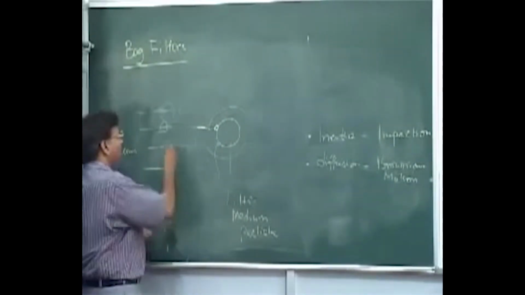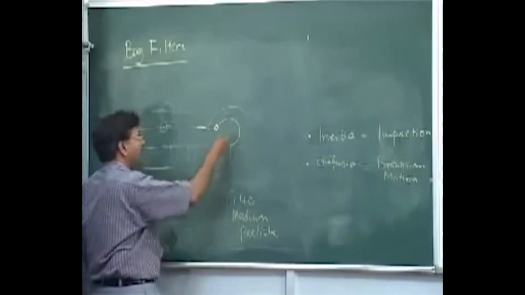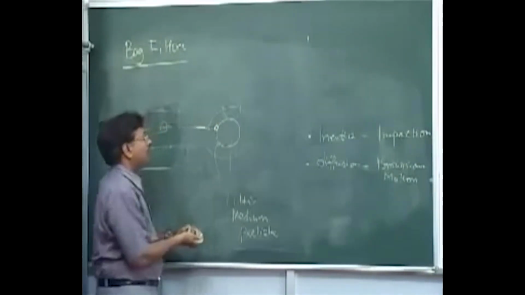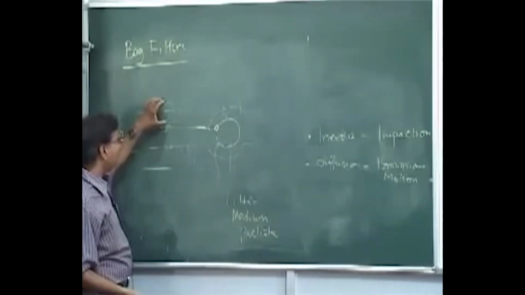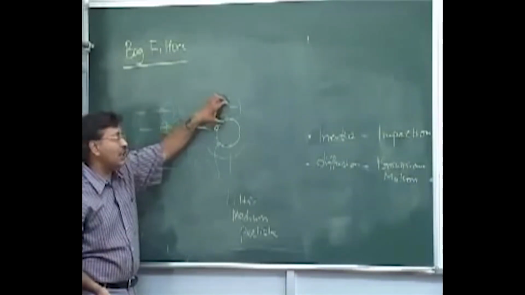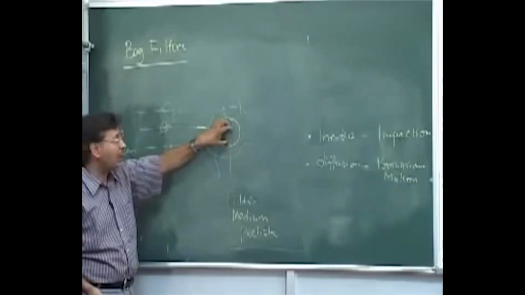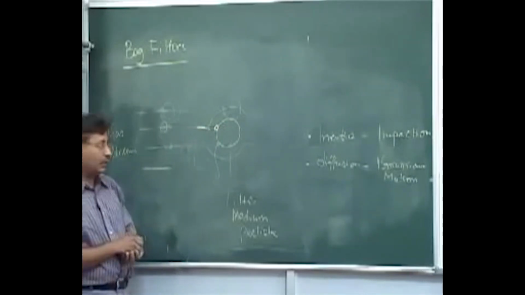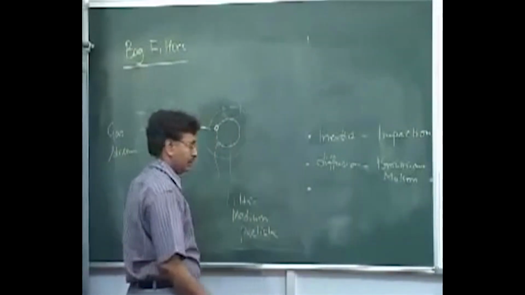But this particle, because of the low inertia, doesn't leave the gas stream, but you'll see the particle which is still with the gas stream may come in contact with the filter medium. I'm saying the inertia is low, so it will not leave the gas stream. It goes along with the gas stream, but then it might hit the filter fiber, and it might just get stopped there. So that's what we call interception.